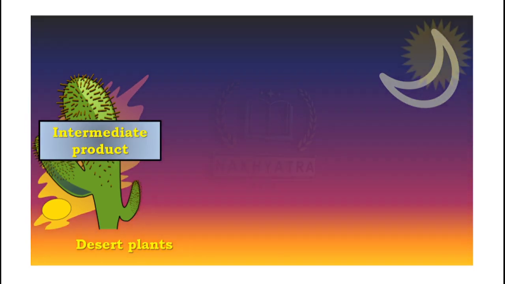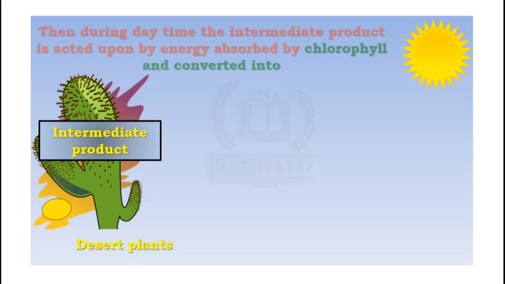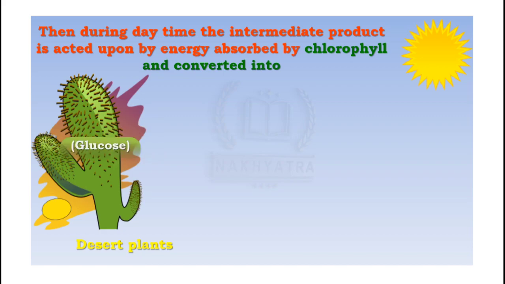Then during daytime the intermediate product is acted upon by energy absorbed by chlorophyll and converted into glucose. So this is how desert plants prepare their own food.